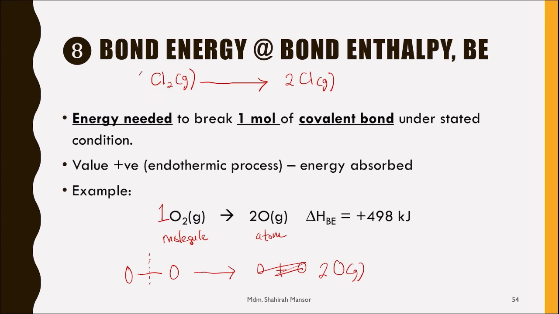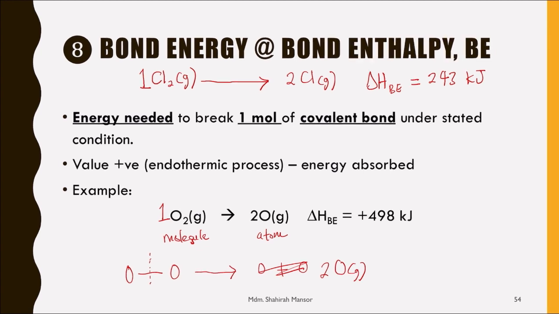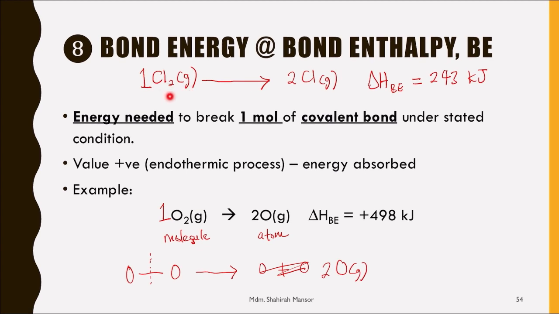So the 1 mole must be fixed on the reactant part, and the enthalpy of this reaction is 243 kilojoule. To break 1 mole of covalent bonding in Cl2 gas molecule, this reaction must absorb this amount of energy to form 2 Cl gas atoms.